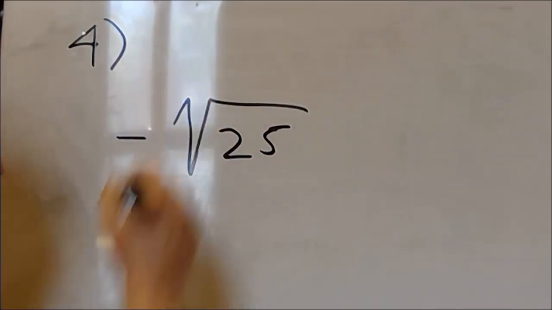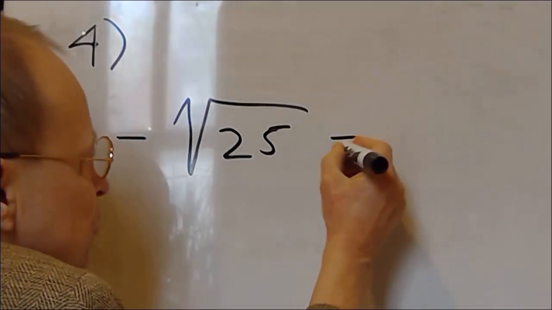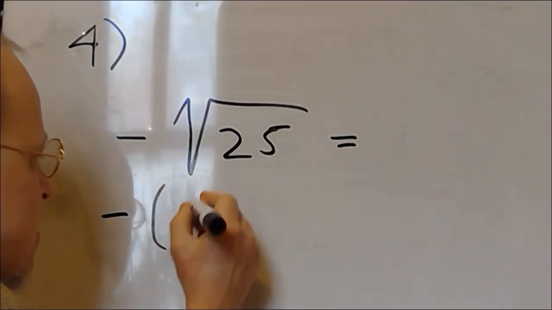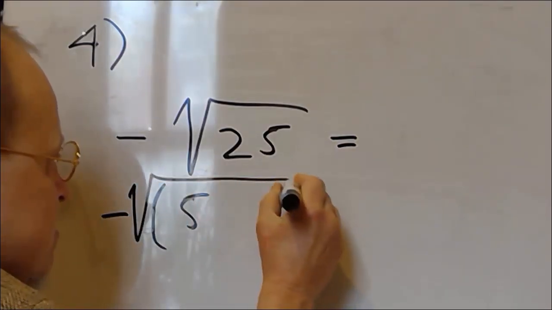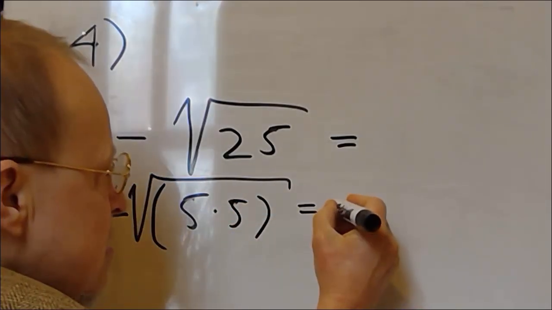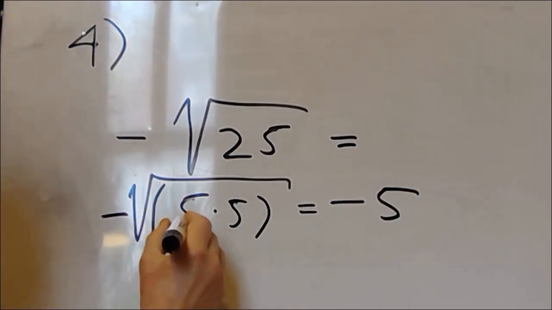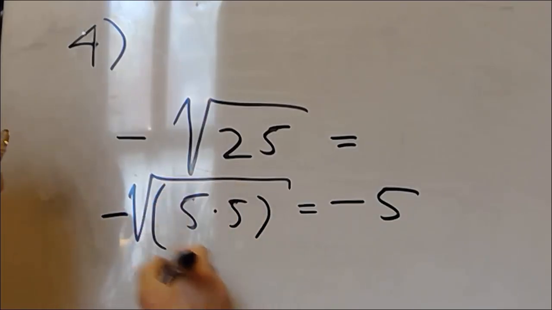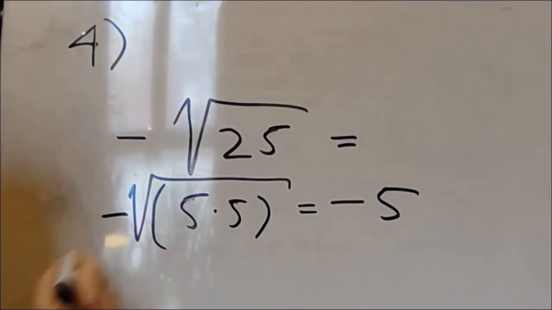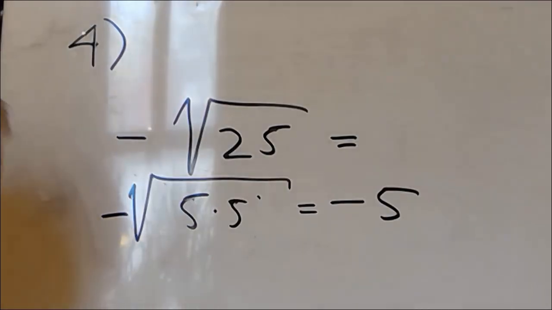If we have an even index, that's okay, because it turns out this is equal to negative 5. We just end up taking the square root of this, putting the negative sign because it's outside of all of this, and we get a final answer of negative 5.